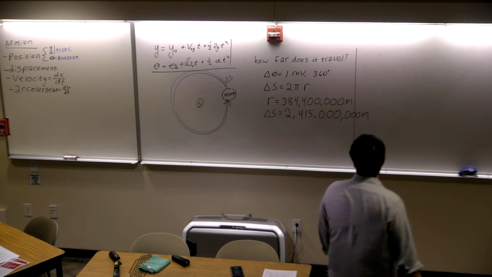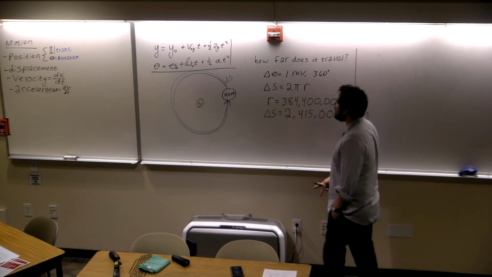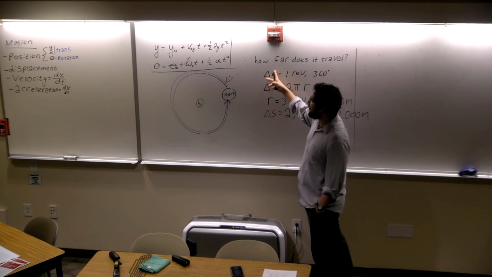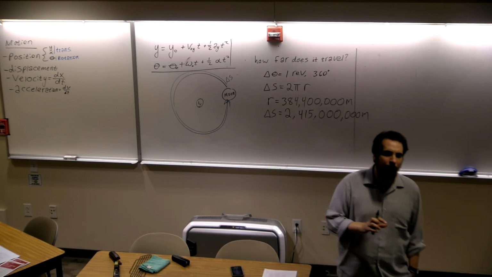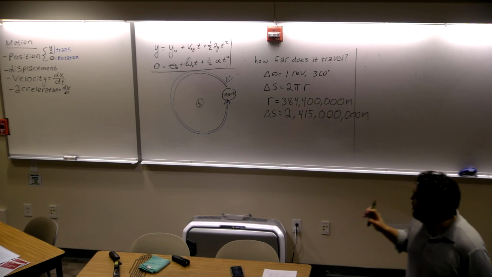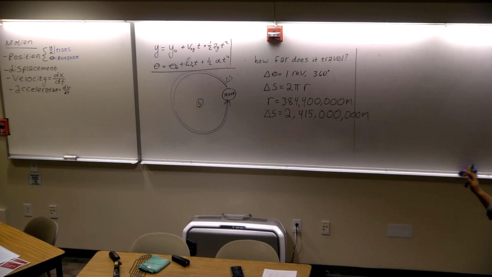We haven't really answered the question yet, how are delta S and delta theta related? I mean, actually, we kind of have. I haven't told you yet, but we have. We have this value, 2,415,000,000.